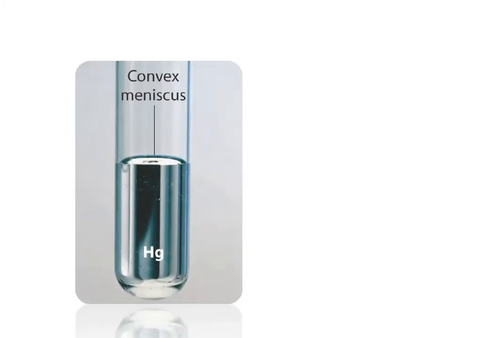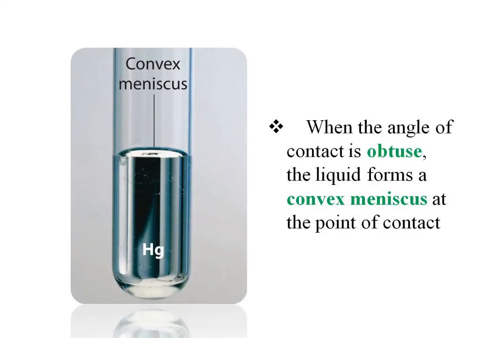Similarly, when the angle of contact is obtuse, that means greater than 90 degrees, the liquid forms a convex meniscus at the point of contact. The example is mercury.